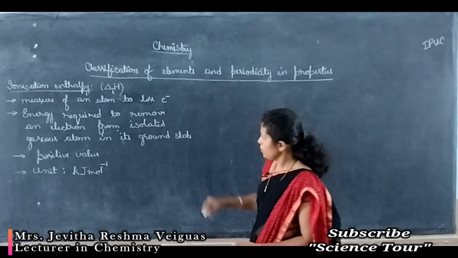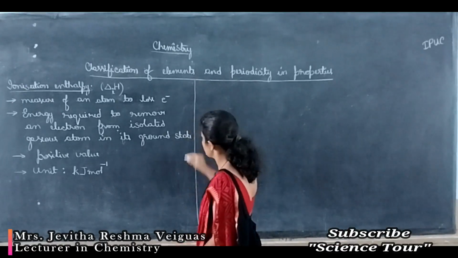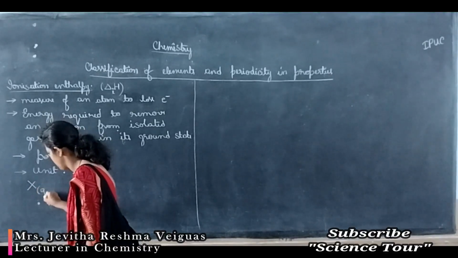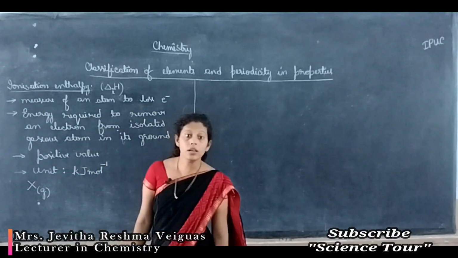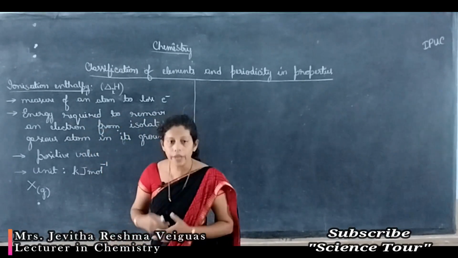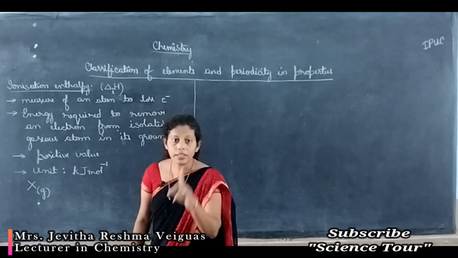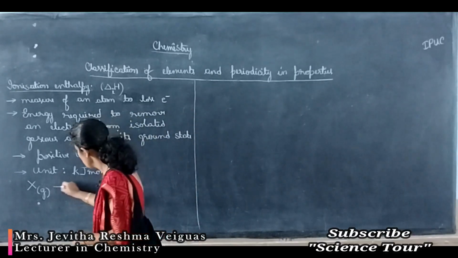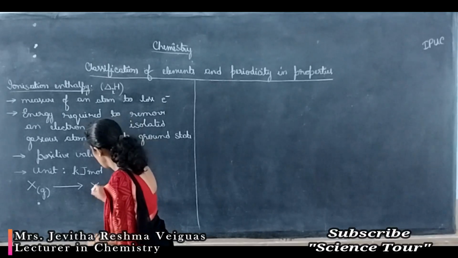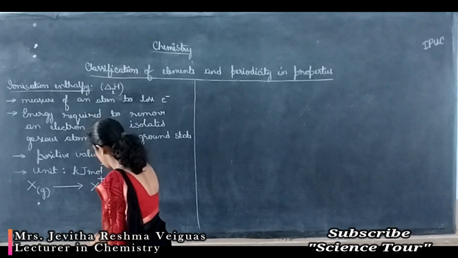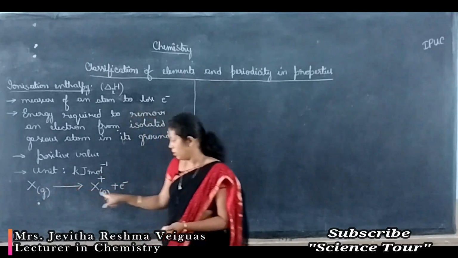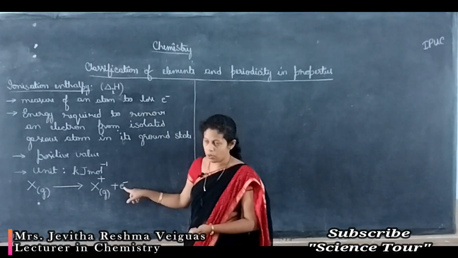Now let me consider atom X. It is in the gaseous state. It is in the ground state. Let's say some amount of energy is supplied. At that time, one electron is removed. So what we get is X plus ion in the gaseous state. From neutral gaseous atom, we have removed an electron.